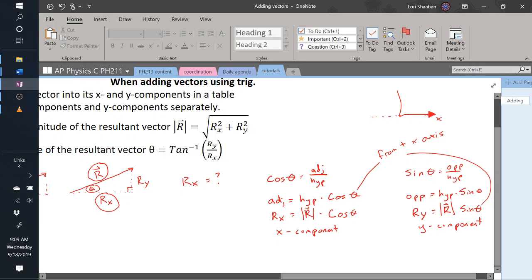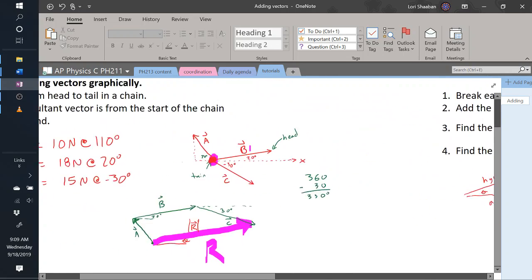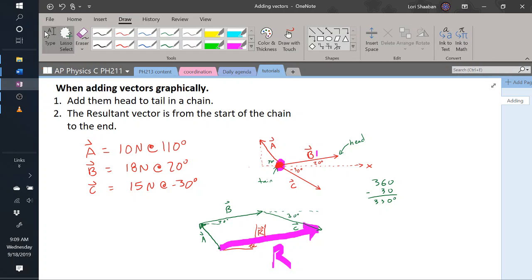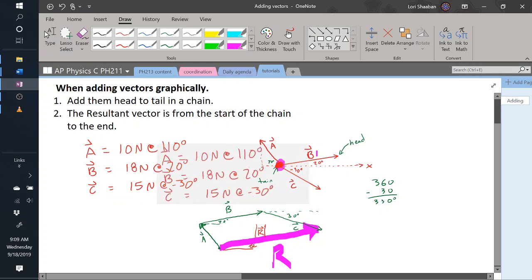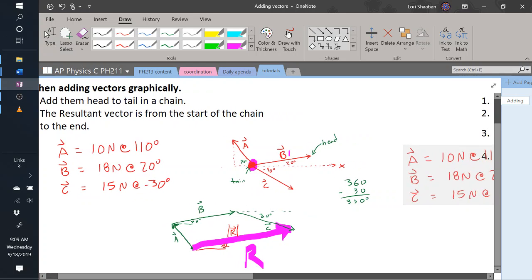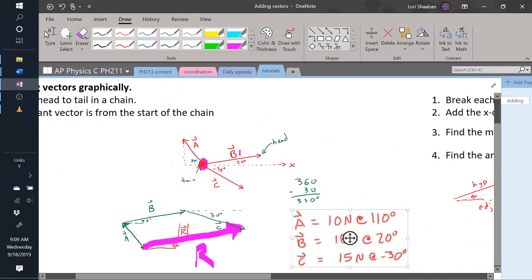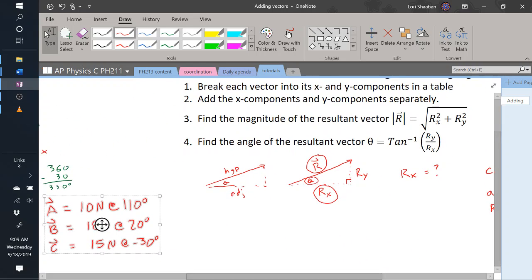Okay, so let's go ahead and make a table with those same exact values that we had before. We're going to bring all of these over to the other side over here, and we're going to make a table.